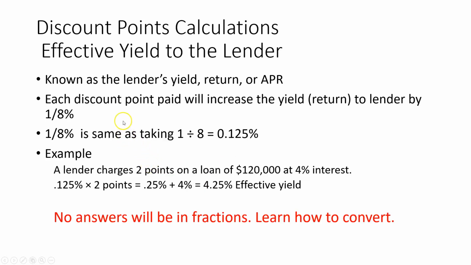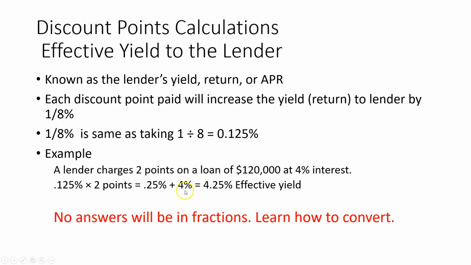You may be asked to calculate the final interest rate by taking into account discount points. For instance, in this example, the lender charges 2 points on a loan of $120,000 at 4% interest. What would the effective yield be? Well, 2 points is going to be the same as 2/8, and 2/8 is the same as 1/4, which is 0.25.